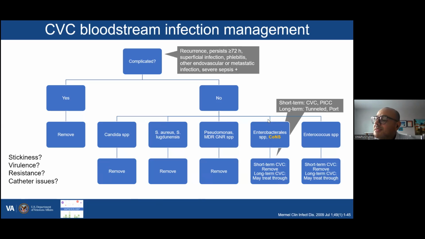If you're dealing with more sensitive Enterobacterales, like an E. coli, a Proteus, pan-sensitive, coag-negative Staph, like our patient, if it's a short-term catheter, a lot of folks will say remove it. If the catheter is short-term, you don't need it. If it's a long-term catheter, dialysis lines, tunnel lines, things like that, we can treat through it. Same goes for Enterococcus species.